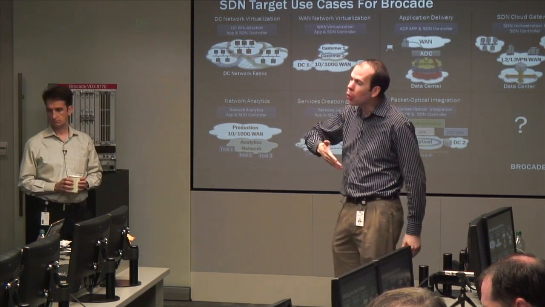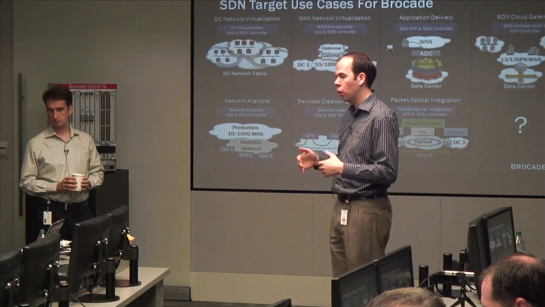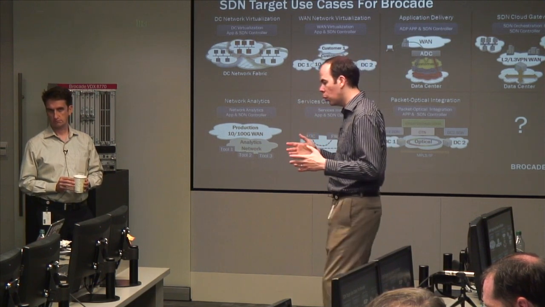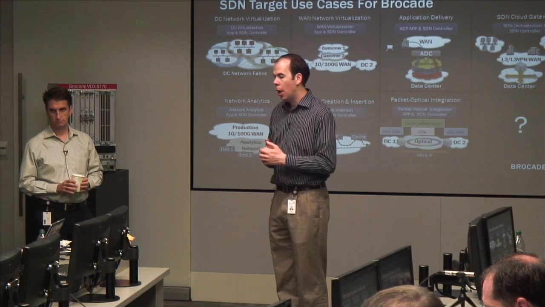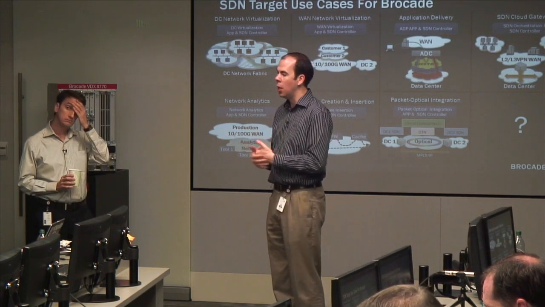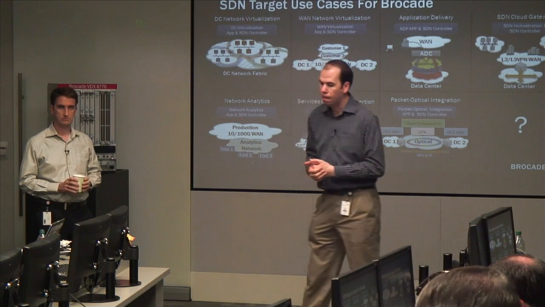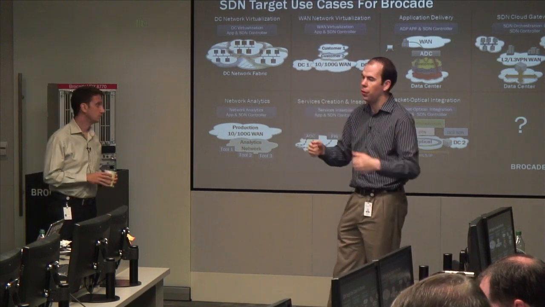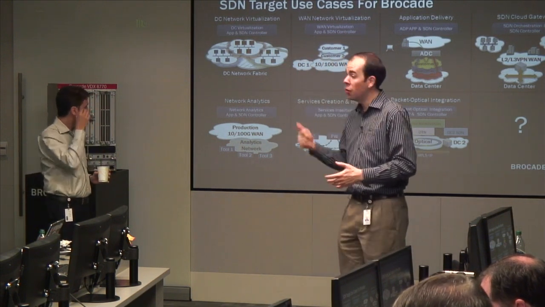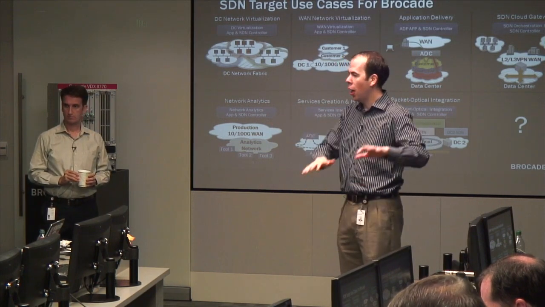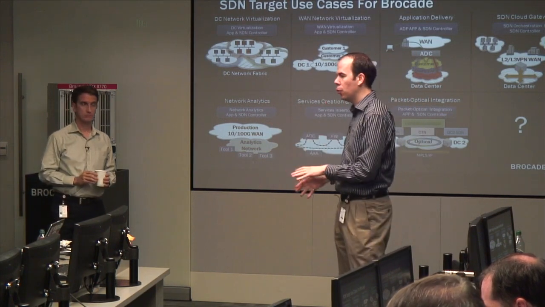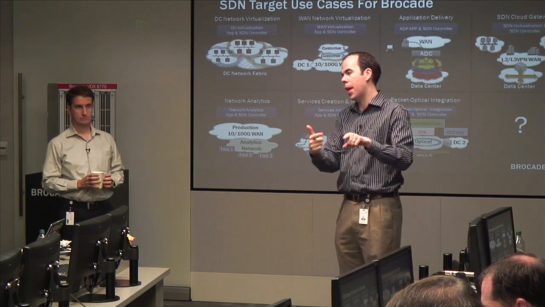OpenFlow neutralizes some of that mucking around in the kernel. It doesn't get rid of all of it, but it certainly does drive towards a level of consistency between those two that I think will change how we think about the difference between a virtual switch and a physical switch. And in the direction that people don't tend to think about. Most of the time, that's a conversation about everything driving out of the physical network into the virtual network. I think some of that starts to come back the other way.